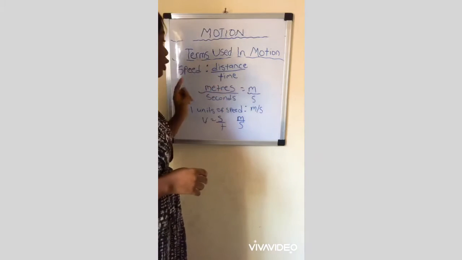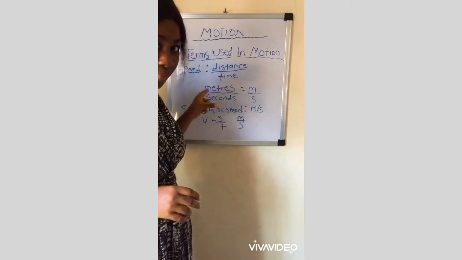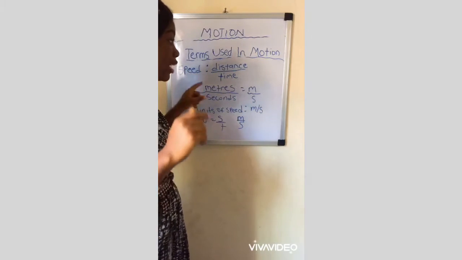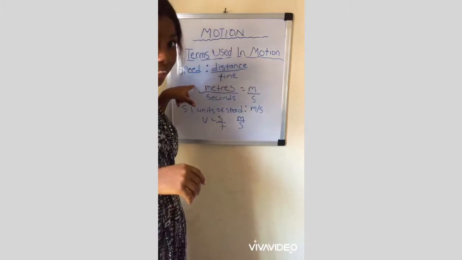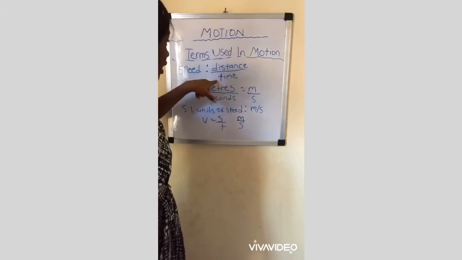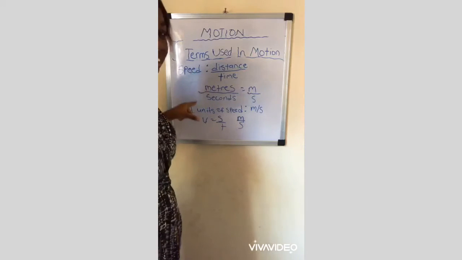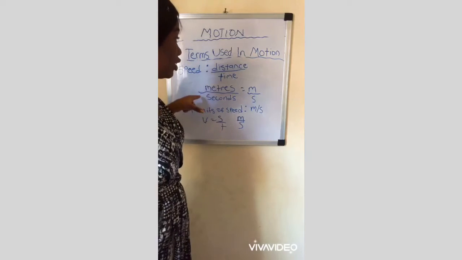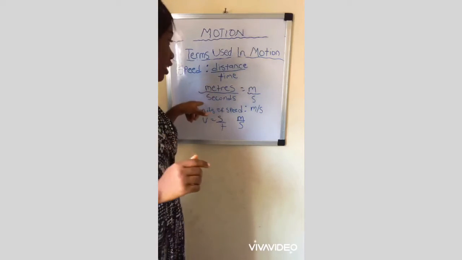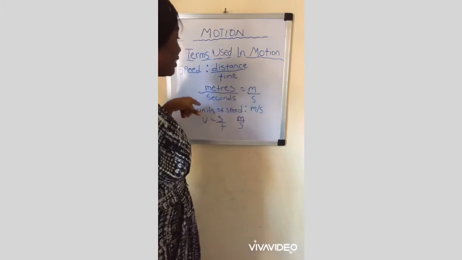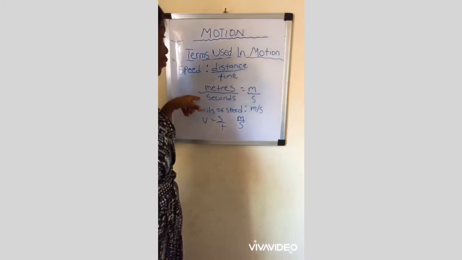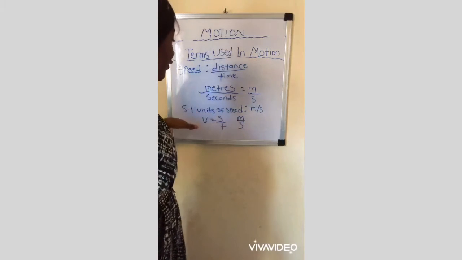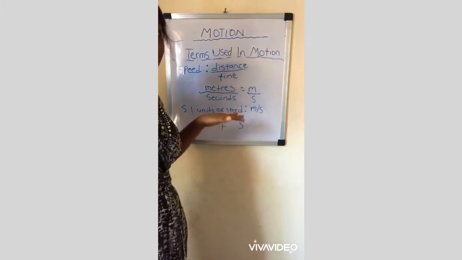Distance is measured in meters, and m can represent meters. Time is measured in seconds, and s can denote seconds. So now the end note of it is the SI unit of speed is meter per second.